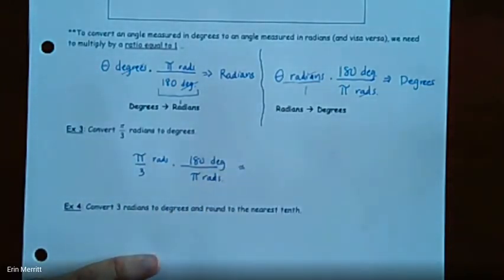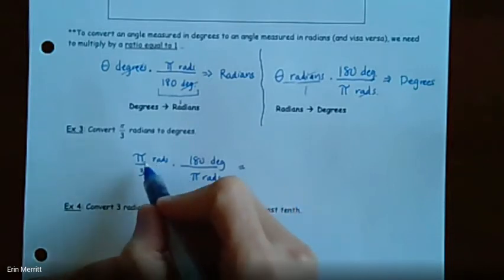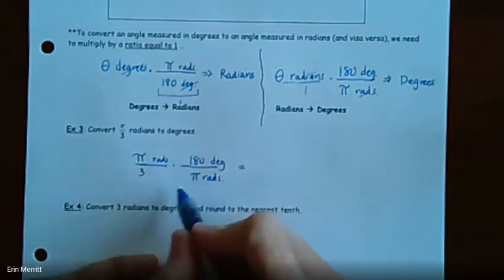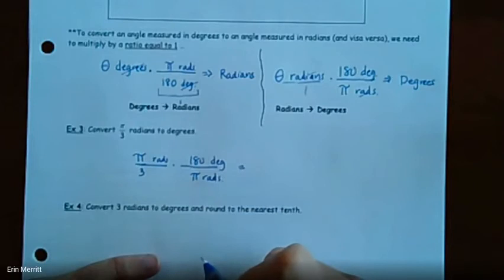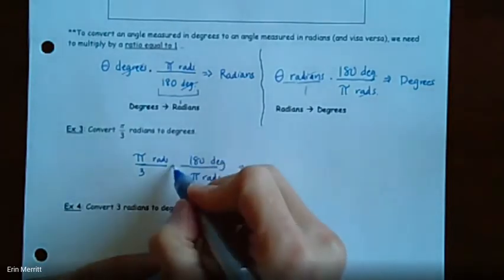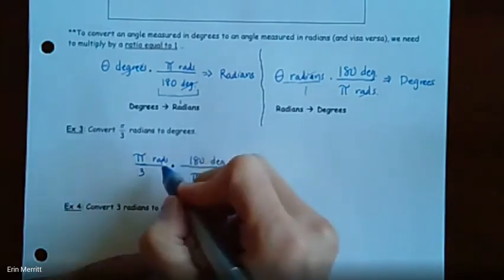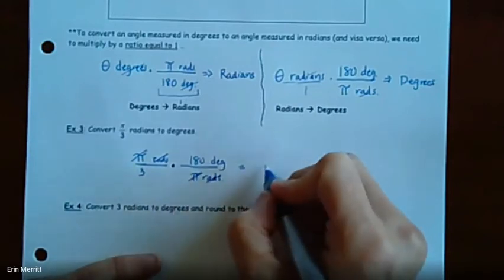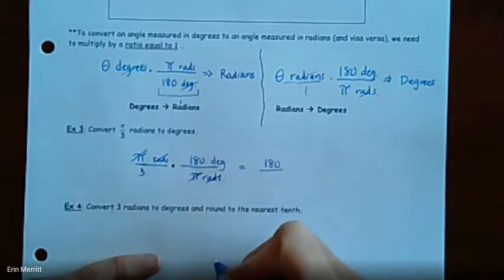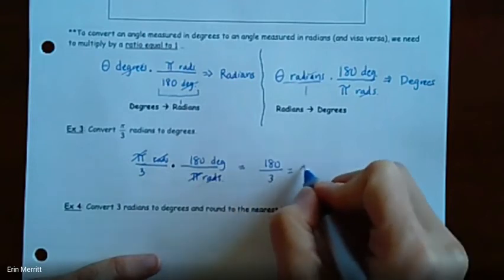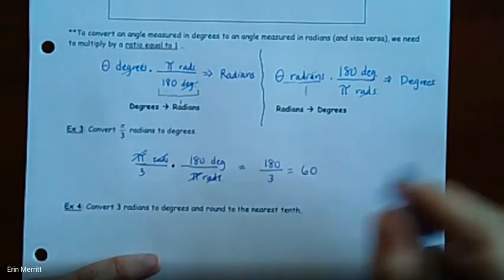You're not cross multiplying. You are multiplying the numerators together, the denominators together. So like we did back in our rational expressions unit, anything from top to bottom can cancel. So the radians on top and the radians on the bottom cancel. The pi on the top and the pi on the bottom cancels. So I end up with 180 up top over 3 on the bottom, and that will give you 60.